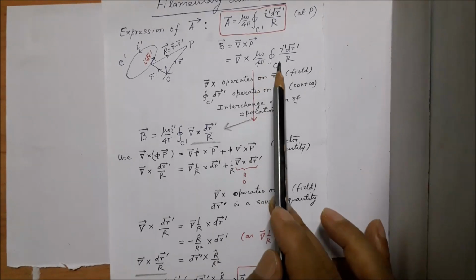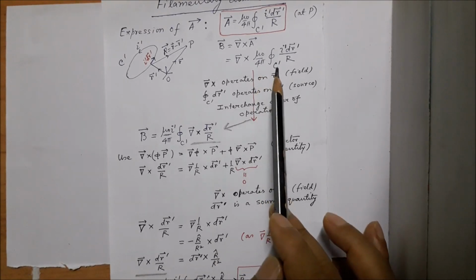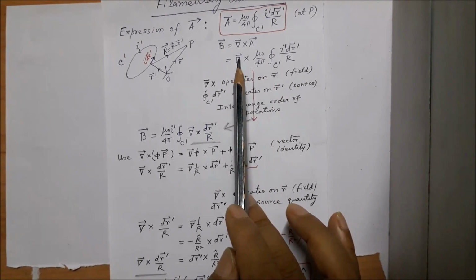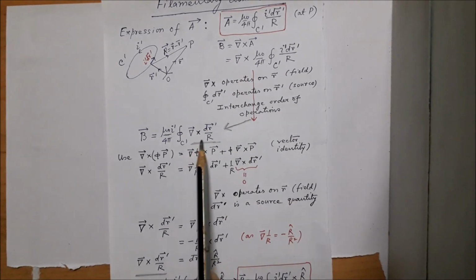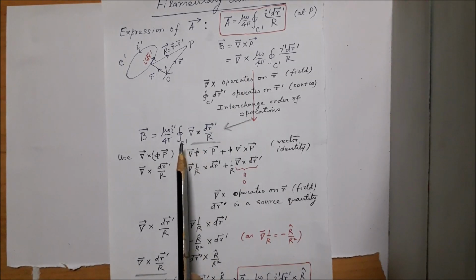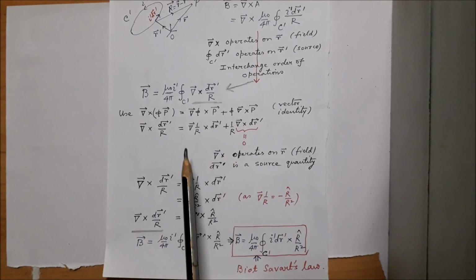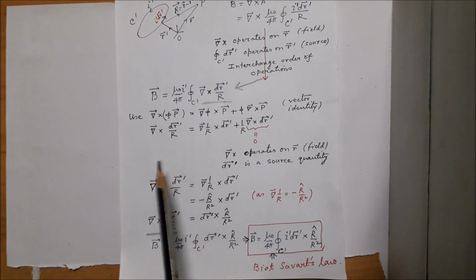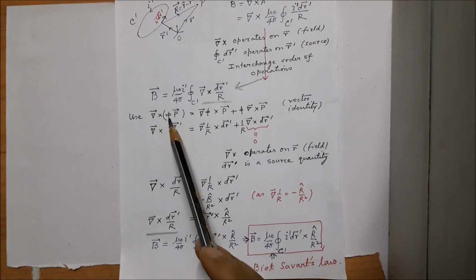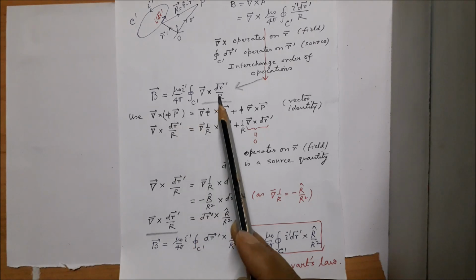Here we had to perform first integration and then curl, but here we have to take curl first and then perform integration over source. Now, use of this vector identity helps us to identify phi as 1 by r and vector p as dr prime.